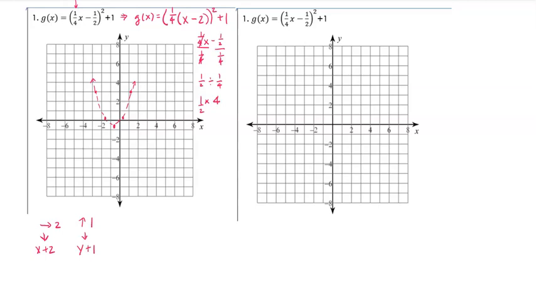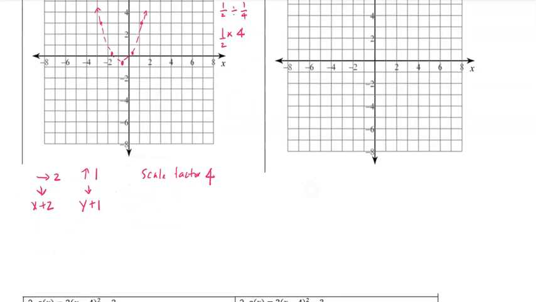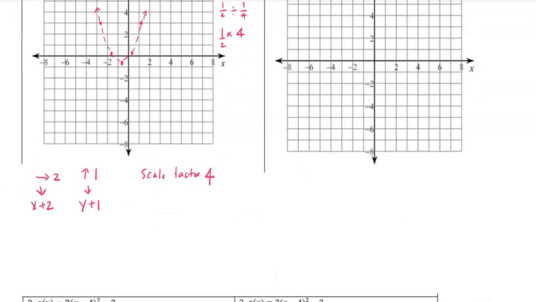And then you see this 1/4 right there. Remember, it's inside the function, so it is a scale factor of the reciprocal, which is 4. Reciprocal of scale factor of 4, and that's on the x, so that's going to be a horizontal stretch.